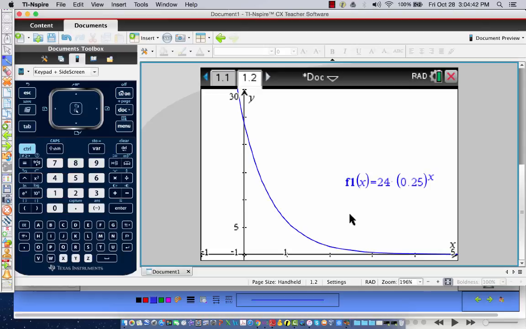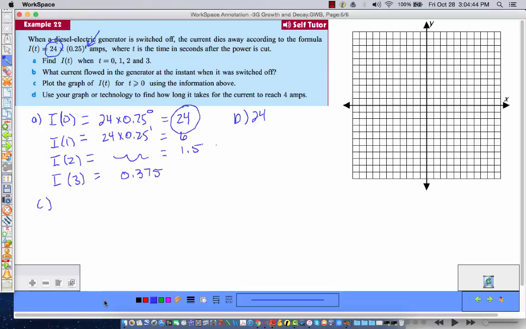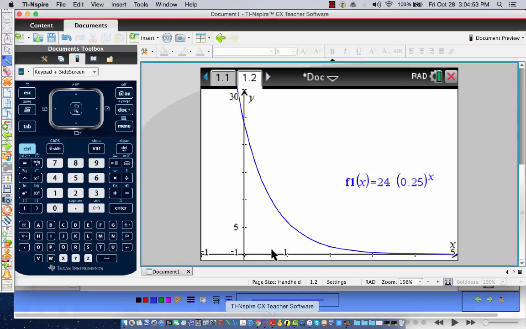Okay, and then the question, if you remember here, was use graph or technology to find how long it takes for the current to reach 4 amps. So realize what we have here. Our x-axis is time, and our y-axis is the number of amps.